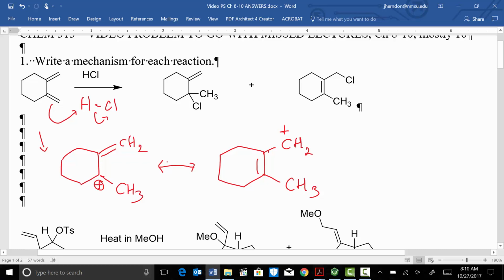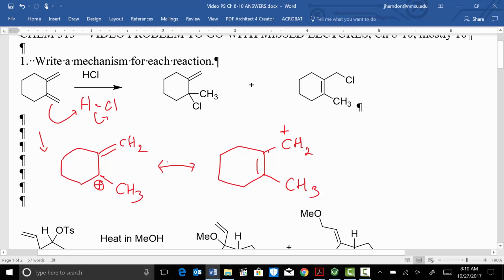Some people will like the one on the left better because it has the tertiary allylic carbocation. Others will like the one on the right better because it has the more substituted alkene. The one on the left is probably the better resonance form because the carbocation is the more reactive species, and thus it's more important to stabilize that.